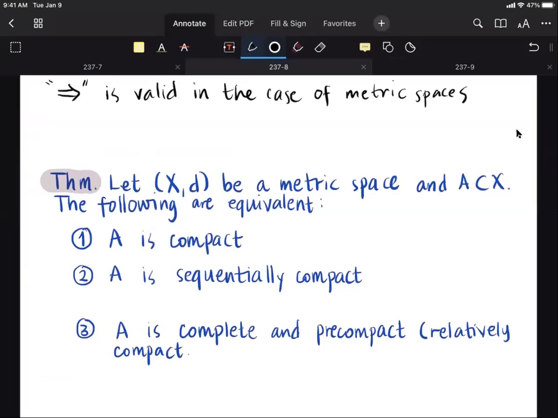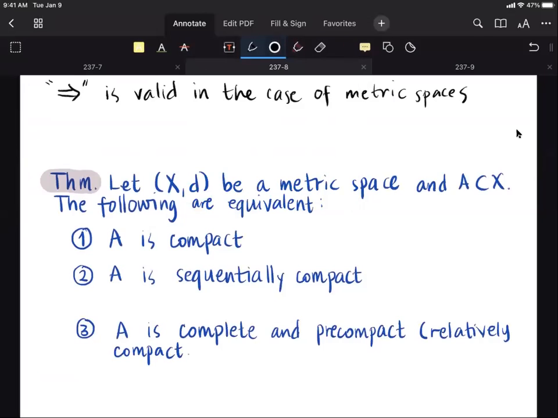So let (X, d), the pair (X, d), be a metric space, and take a subset A of X. Then the following three conditions are equivalent. So A is compact, and by this we mean that it is covering compact. So any open cover of A can be reduced to a finite subcover. This is equivalent to the sequential compactness of the set A.